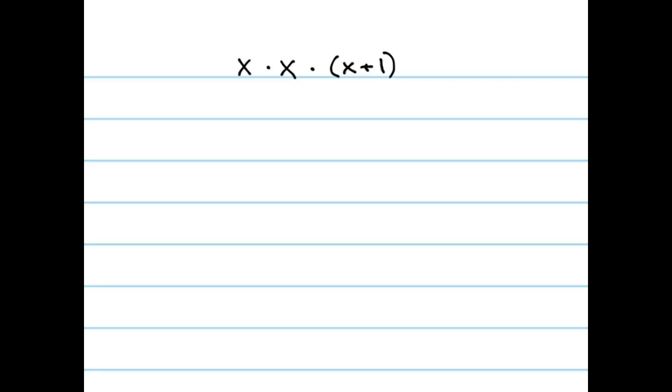Since it's a pyramid, remember that the volume is 1/3 of that. So we have to multiply that by 1/3. And they tell us that the final volume of that pyramid is 4. We need to solve this polynomial to find what value of x would work.